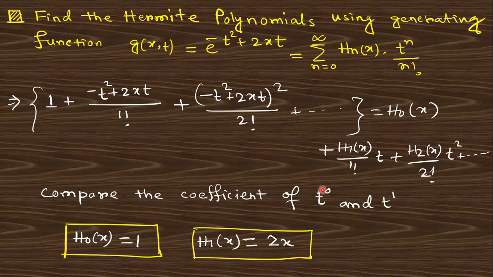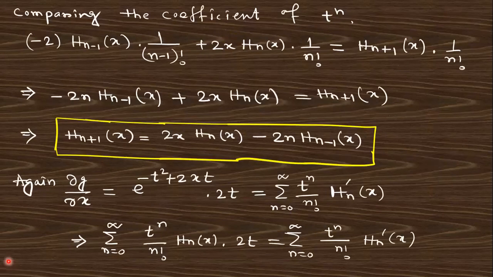Then compare the coefficient of t to the power 0, which is H_0(x), and on the other side t to the power 0 is 1, so H_0(x) will be 1. Similarly, the t to the power 1 coefficient is H_1(x), and here it is 2x. So these two are equal. Now use these two relations, because we know these two terms, H_0 and H_1.